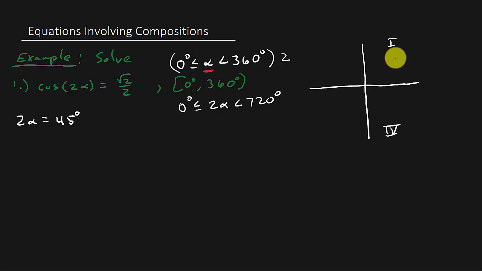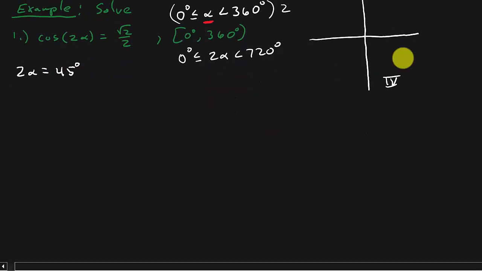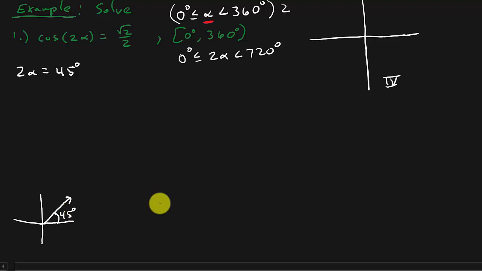So now I need to use my reference angle to get my solution in the fourth quadrant. So let me just draw this first. So there's my first quadrant angle, 45 degrees. That's my solution for the first quadrant, and it's my reference angle, the 45 degrees. Now, let's look at our fourth quadrant angle.